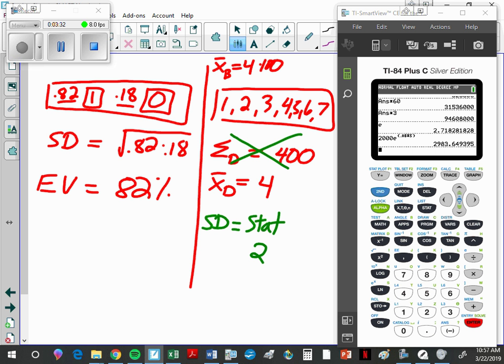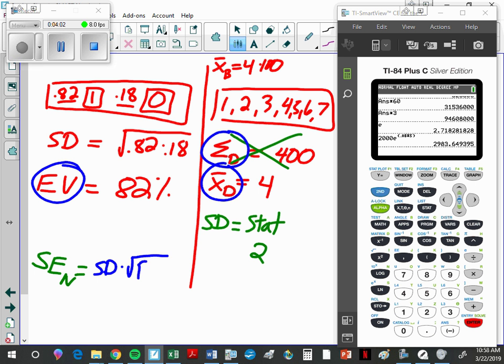Now, there are 3 different standard errors. The first one is standard error for number. Which one of these 3 expected values does SEN apply to? The 400, the sum of the draws. And that is calculated by taking the SD and multiplying it by the square root of the number of draws.